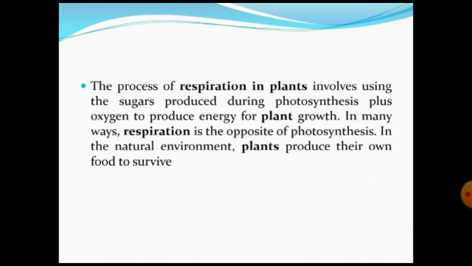In many ways, respiration is the opposite of photosynthesis. This is an important line: respiration is the opposite of photosynthesis. How? You are aware that in photosynthesis, the plant makes its food by using carbon dioxide from the air and it releases oxygen in the air.